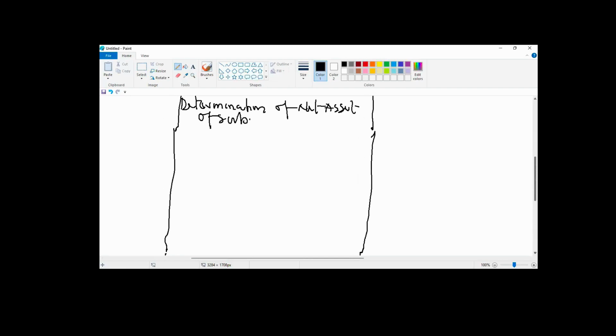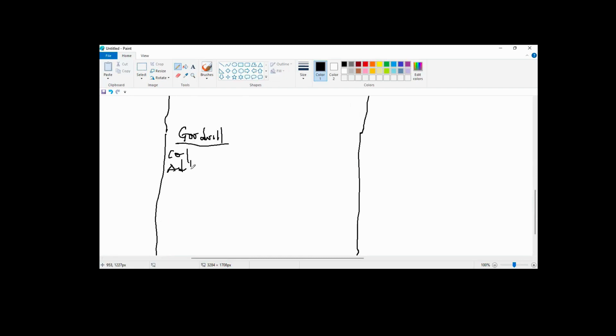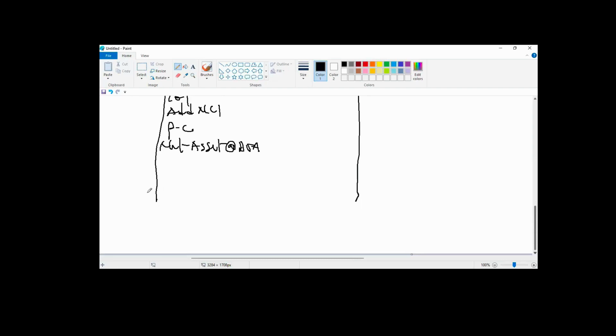Okay, I need my goodwill. You say goodwill: cost of investment, NCI, purchase consideration, net assets at date of acquisition. I don't know whether there will be impairment in the question, so I don't know yet.